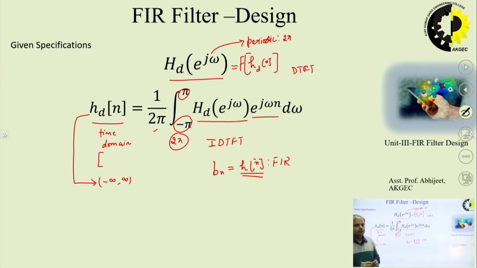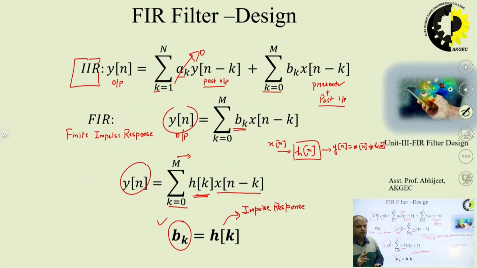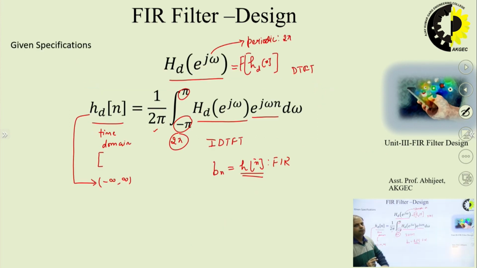So, what we will get is hd of n, an impulse response which is existing from minus infinity to plus infinity, which means from the previous equation, it does not belong to the second equation, it rather belongs to the first equation. It has infinite terms, and therefore, this hd of n is actually an infinite impulse response filter.